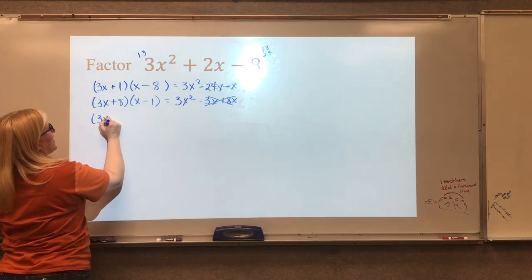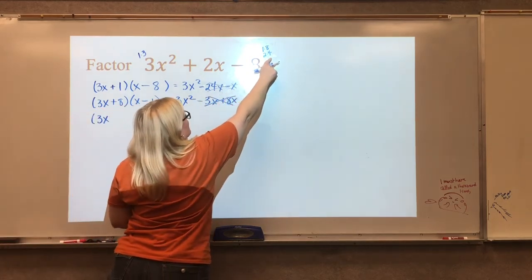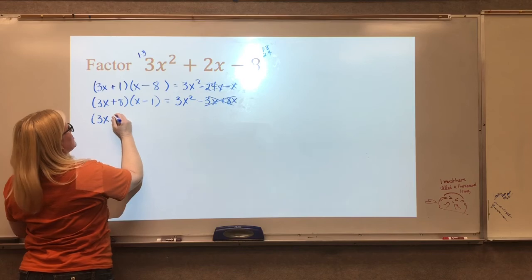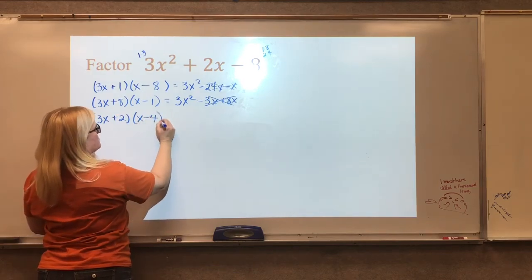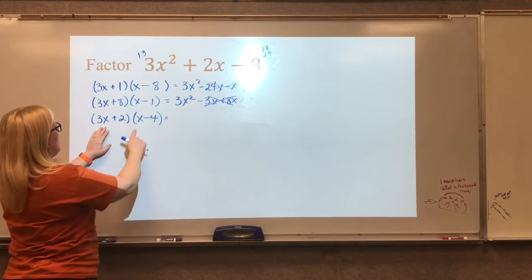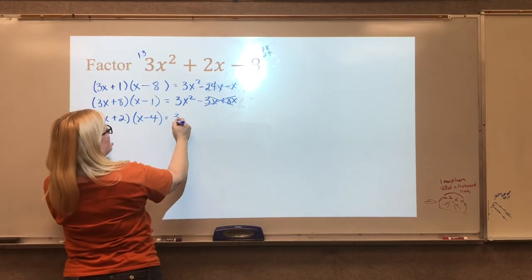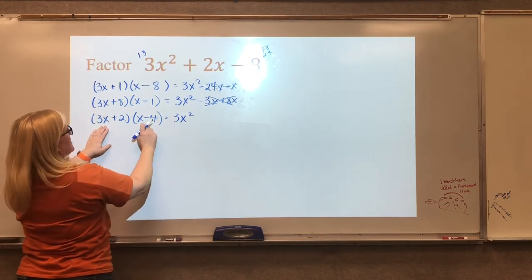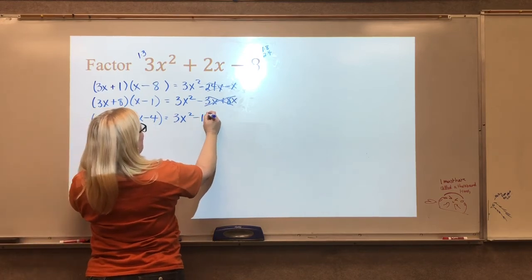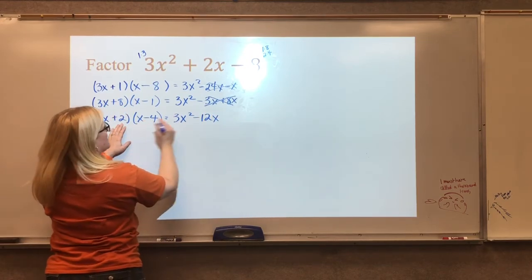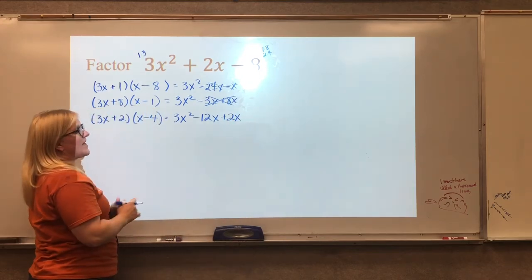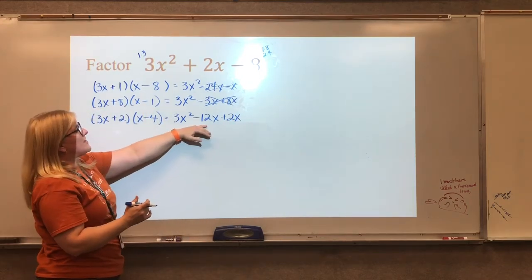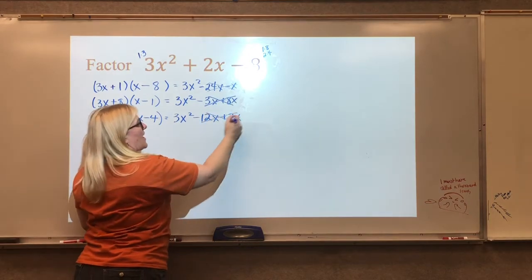Let's try another one. Let's try 3x plus 2 times x minus 4. Well, this is 3x squared. 3x times negative 4 is negative 12x plus 2x. Again, I can stop. This is going to give me negative 10x.